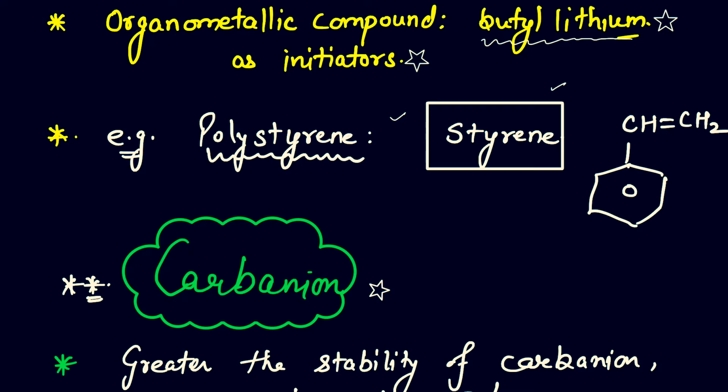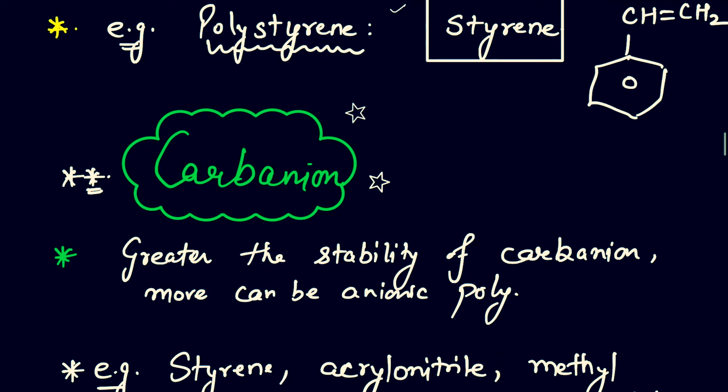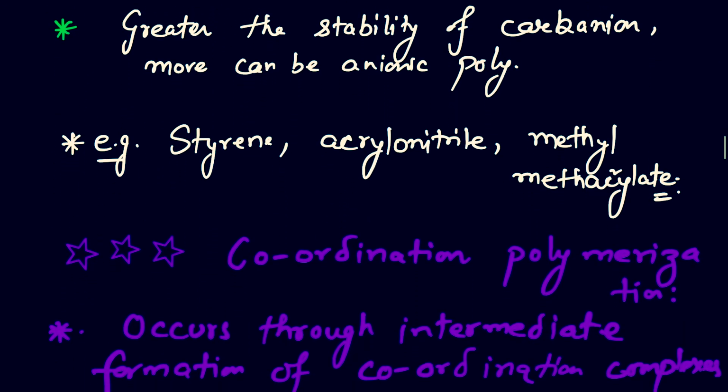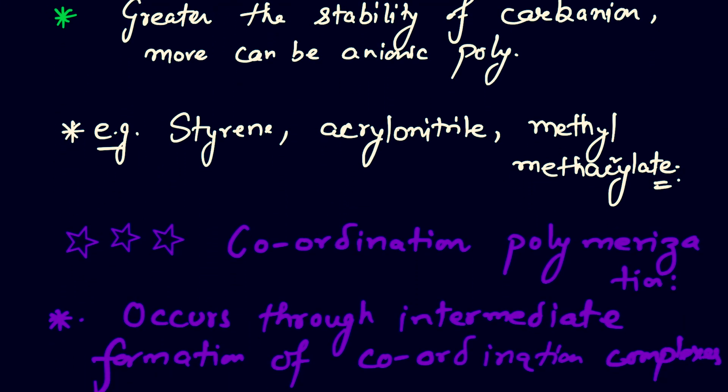Now please remember, there is formation of carbanion in anionic polymerization. The greater the stability of carbanion, the more favorable the anionic polymerization.